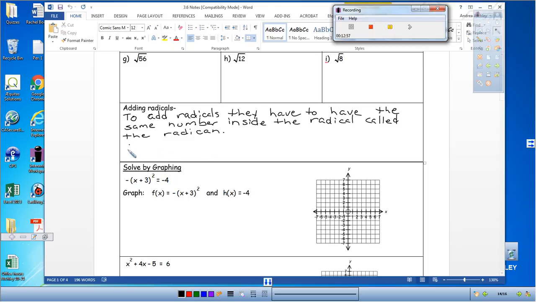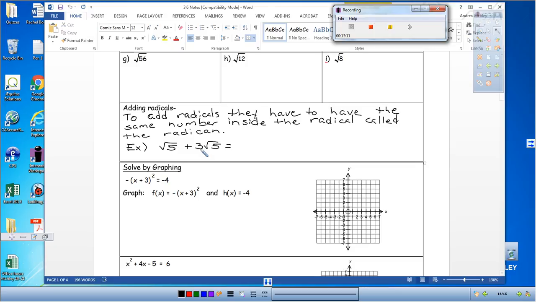Okay, an example of this is the square root of 5 plus 3 square roots 5. You need to treat the square root of 5, since it matches, as a variable. So this is like 1x, and this is like 3x's.